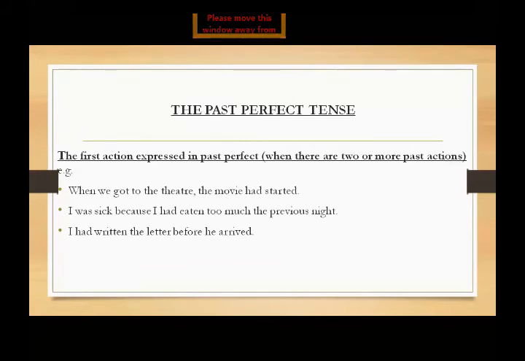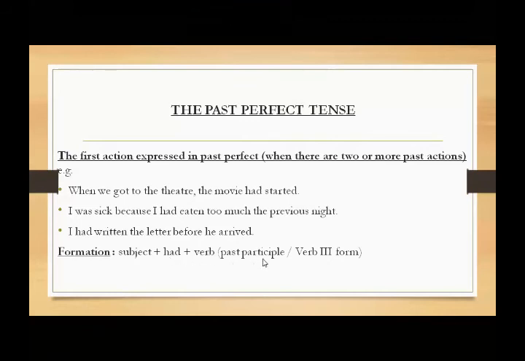Then, I had written the letter before he arrived. What happened first? I had completed the letter before he arrived. The formation is subject plus had plus verb past participle, meaning the third form of the verb.